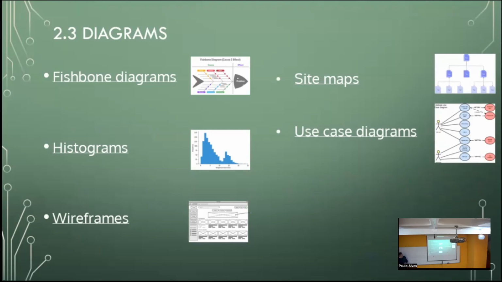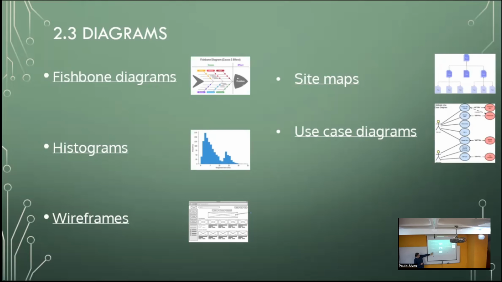Other types of diagrams, for instance, the fishbone diagram. Okay, another type. We're going to see an example. Next slide. Histograms. Histograms are bar charts, but in a different way.